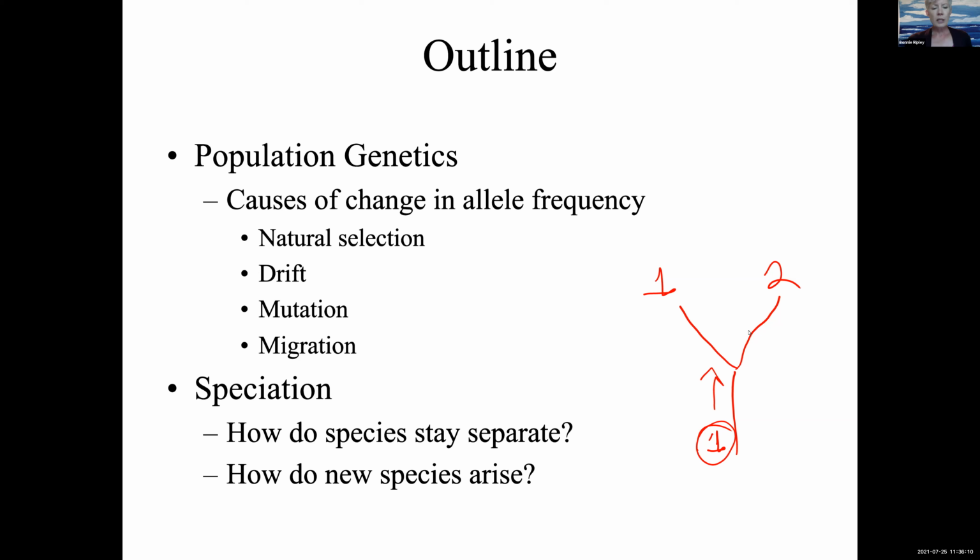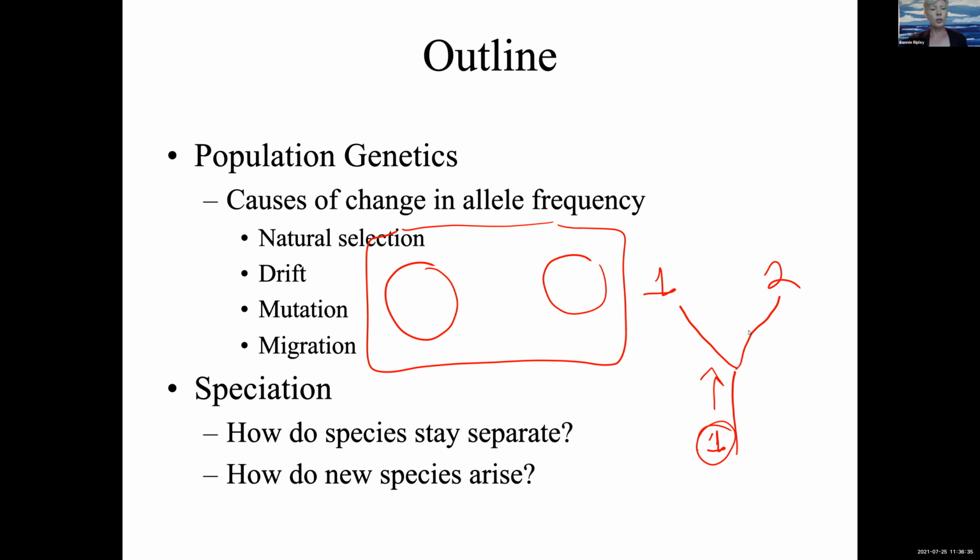All right. So if we have two species that are distinct from one another, what's a population? Well, populations are subgroups within a species. So if we imagine that species 1 occurs across a geographic distribution, but there may be some places where they don't occur.